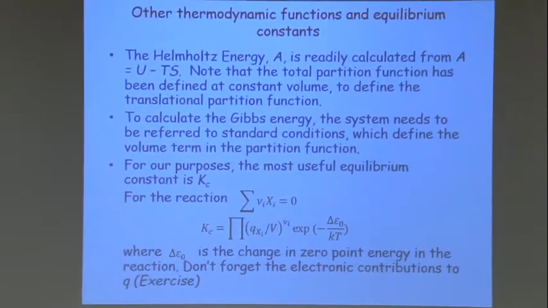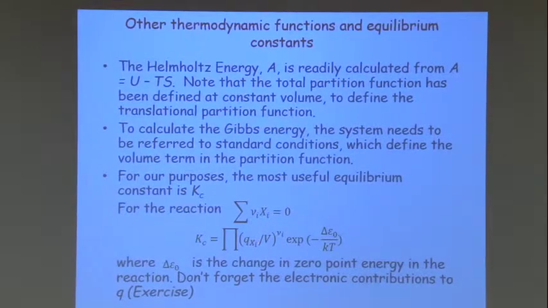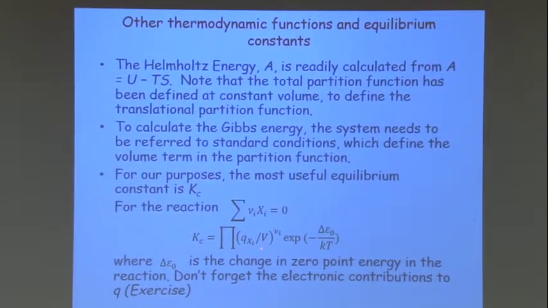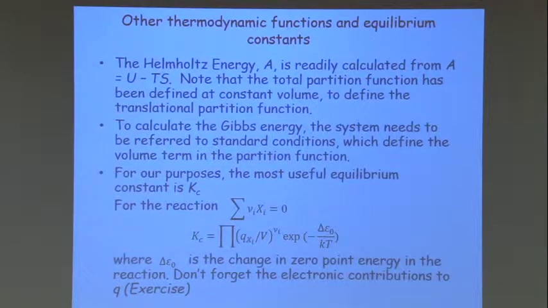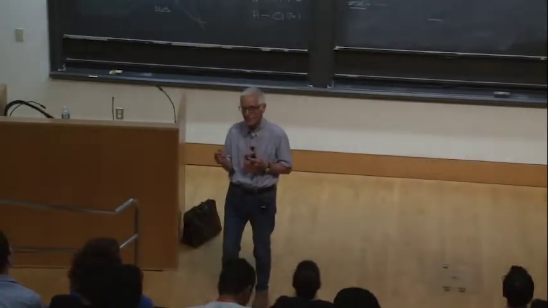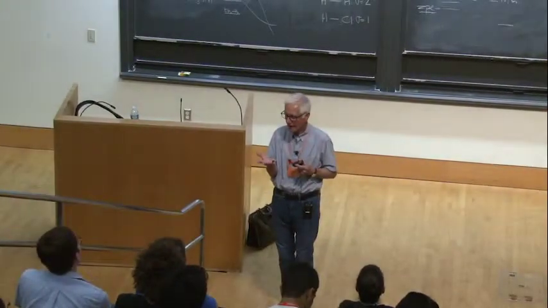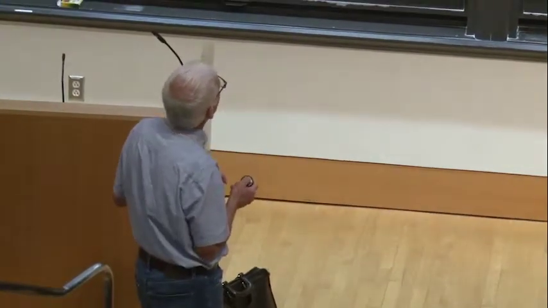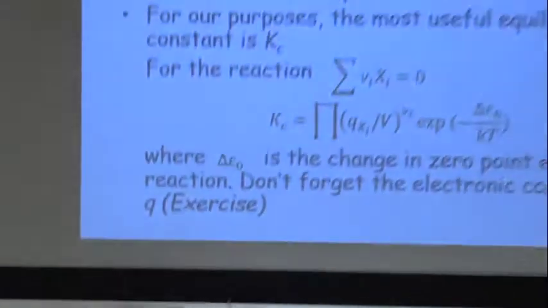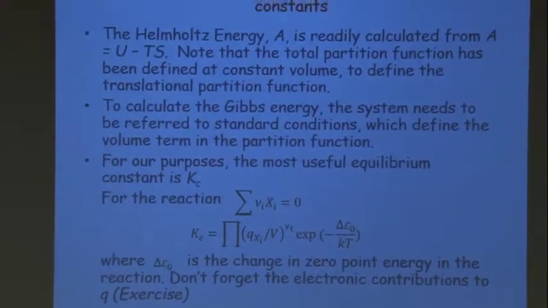The equilibrium constant Kc is given by the product of q_i over V, so we take the volume term out, raised to the power nu_i, times e to the minus delta E naught over kT, where delta E naught is the change in the zero-point energy going from the reactants to the products. So that's the total zero-point energy of the reactants, total zero-point energy of the products. And in working out all of these things, don't forget the electronic contributions.